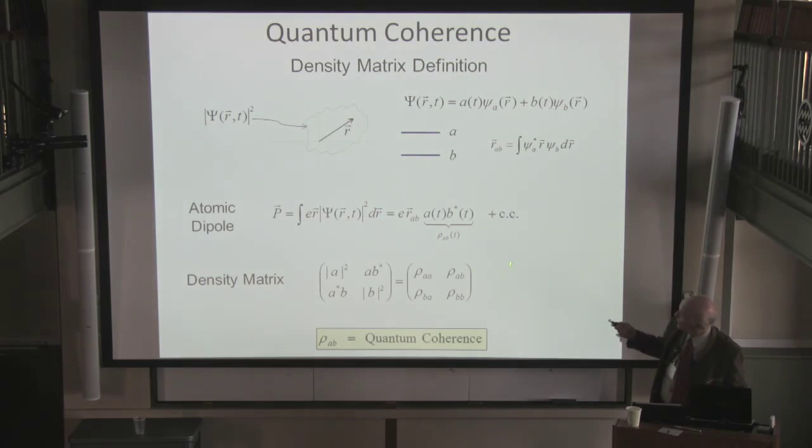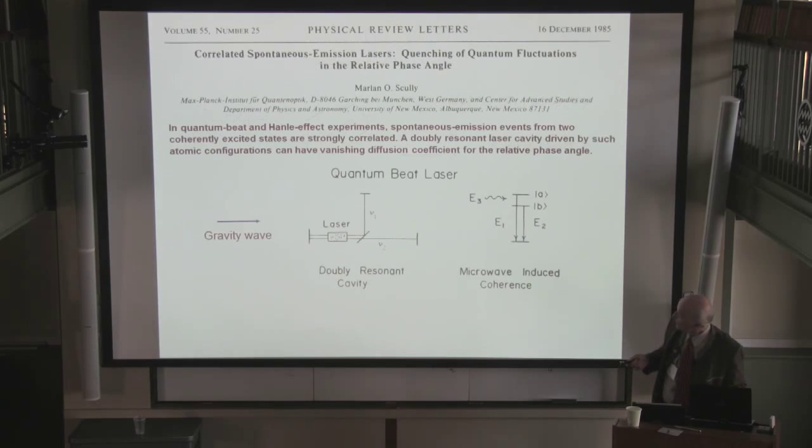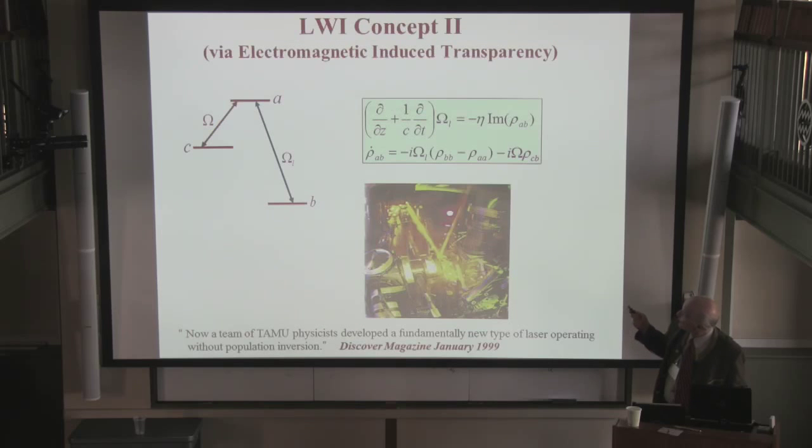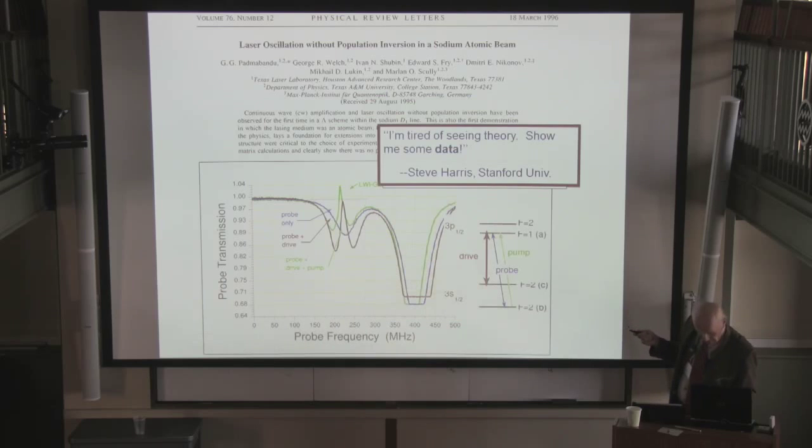So, of course, we all know that single atom quantum coherence effects are associated with off-diagonal elements of the density matrix. The first application of this in lasers was in quieting spontaneous emission noise, and that was observed by Hall and Tosh. And the lasing without inversion gambit then came on the scene such that the coherence between two levels in a lambda configuration gives us the possibility of lasing with, say, 10% of the atoms here, 90% there.